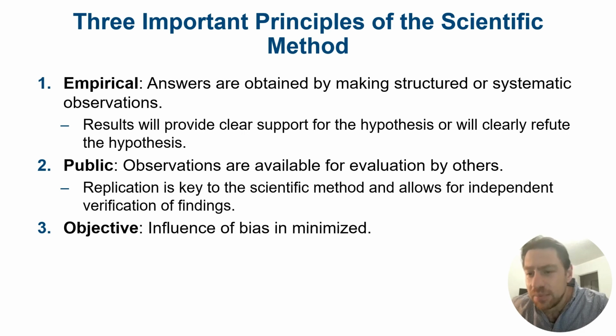So a classic example of correcting for bias is the double-blind approach that is often used when testing the efficacy of some drug or treatment. In a double-blind study, the participant doesn't know if they got a drug or a placebo, but also the experimenter who, let's say, may be evaluating the progress that people are making in the study, also doesn't know who received a drug and who received a placebo.